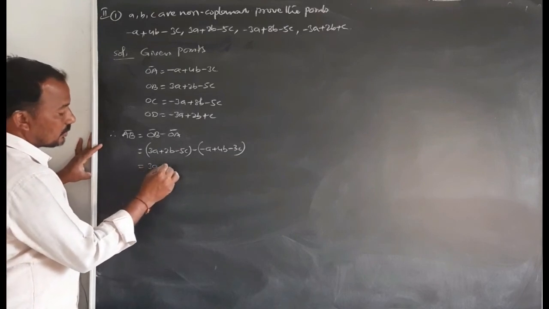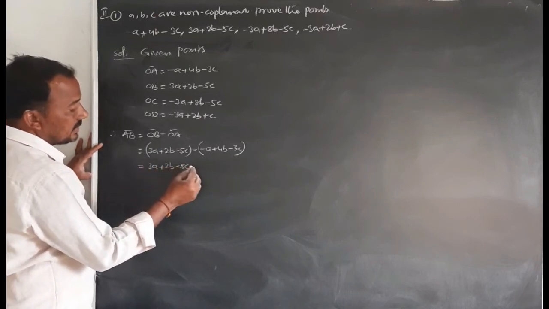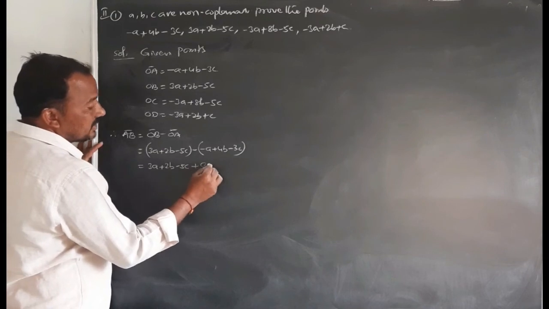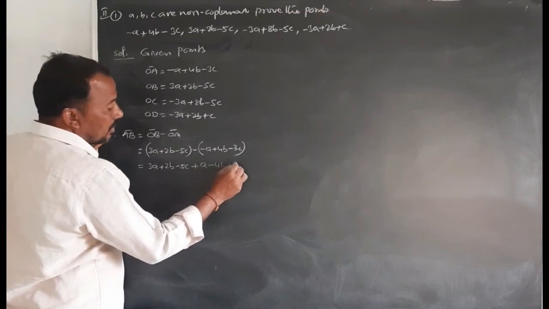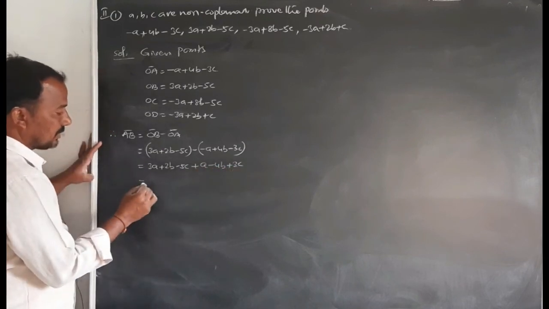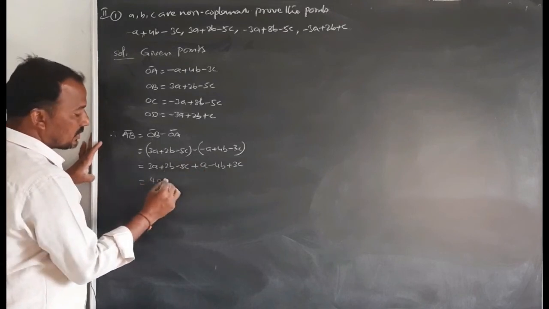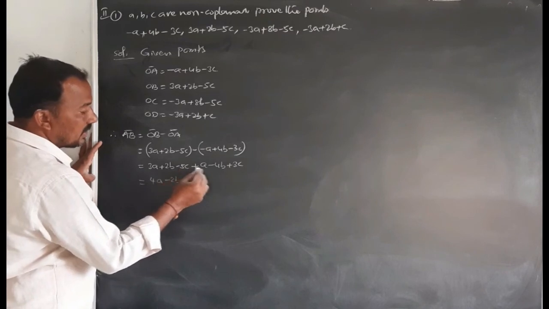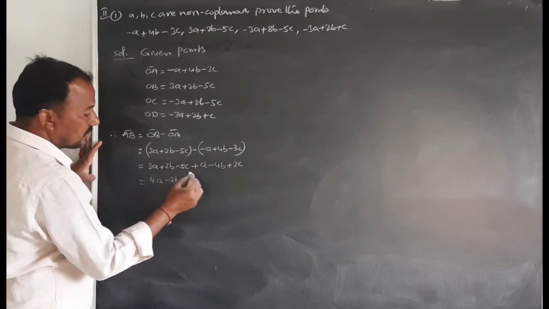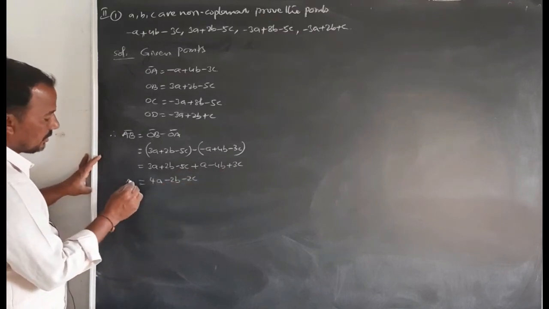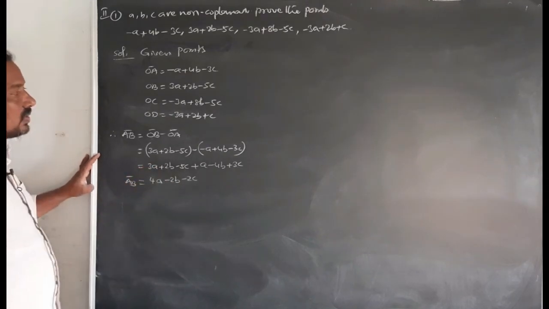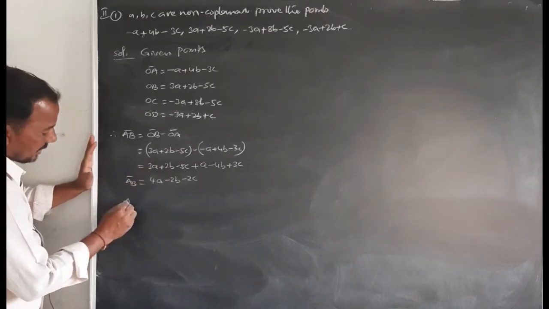That is 3a plus 2b minus 5c plus a minus 4b plus 3c. 3a plus a is 4a, 2b minus 4b is minus 2b, minus 5c plus 3c is minus 2c. That is AB.